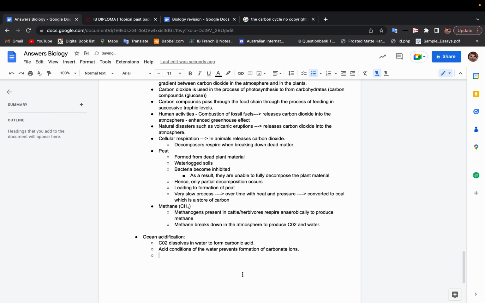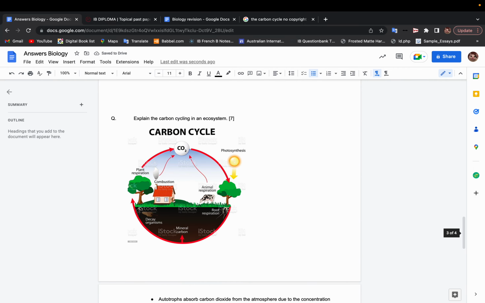So this makes it harder for corals to draw the calcium carbonate to build their shells or skeletons, leading to extinction, or the death. And that's all you need to know about the carbon cycle.